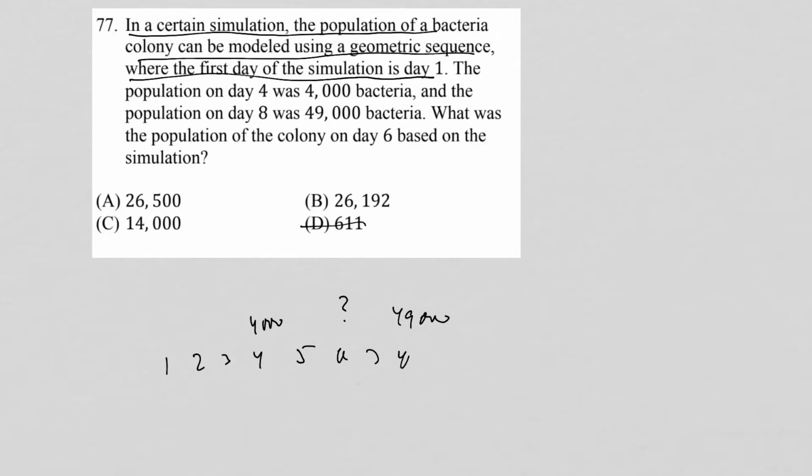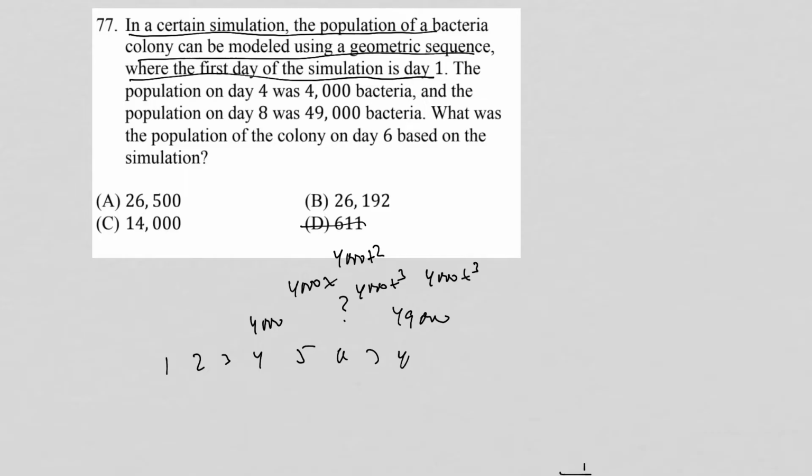So if it's a geometric sequence, you multiply 4,000 by something, and we don't know what, and it gets to the 5th term, and multiply that by the same something, and then again by the same something. So it becomes 4,000, 4,000x, 4,000x squared, and then to get to day 8, it's 4,000x cubed.